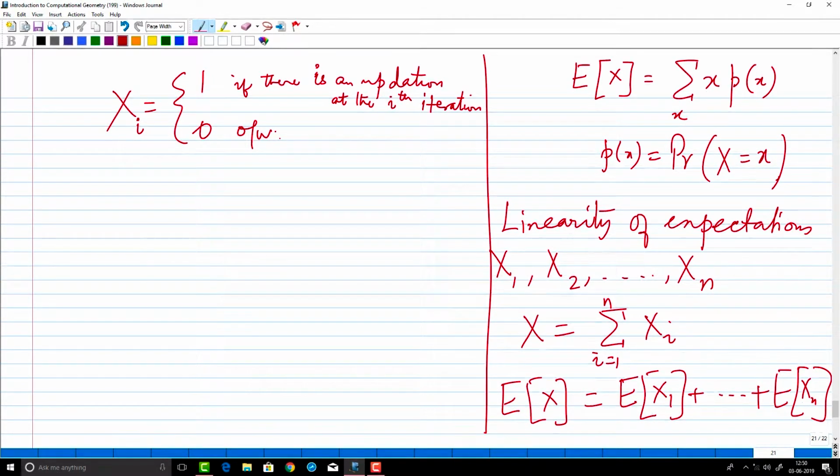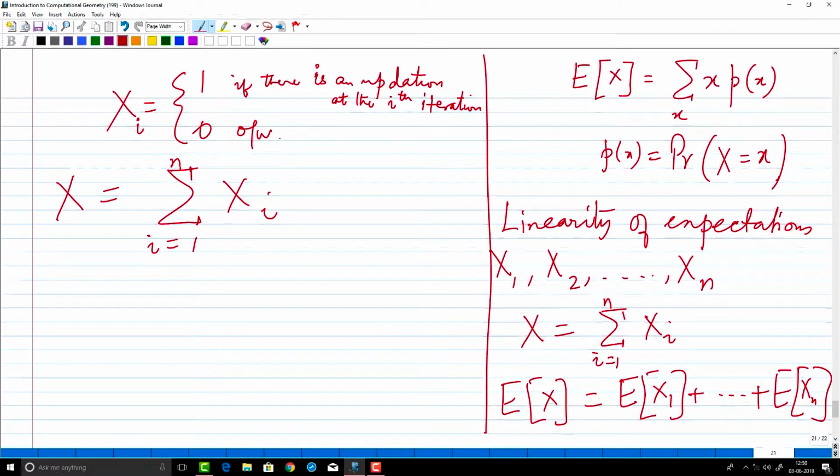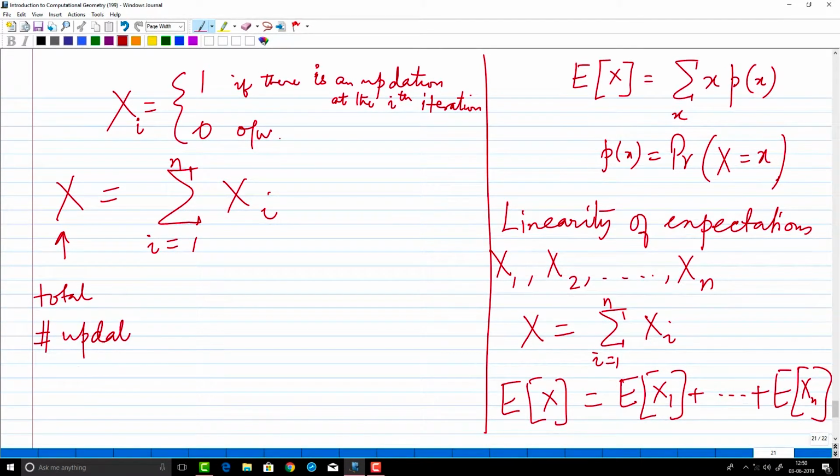Fine. Now, what does X mean? The total number of updations, agreed? Because it is 1 whenever there is an updation. So, you add everything. Now, you take an expectation over this.